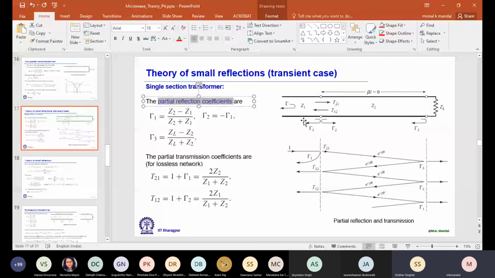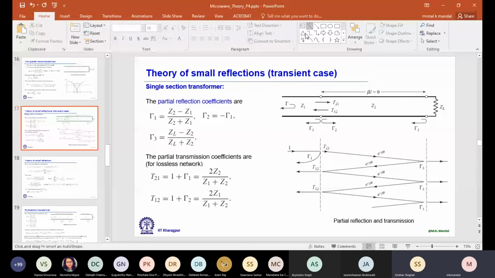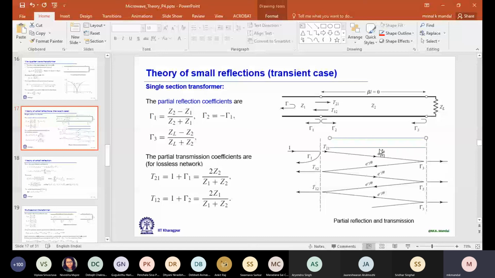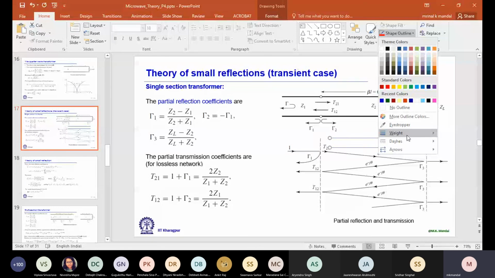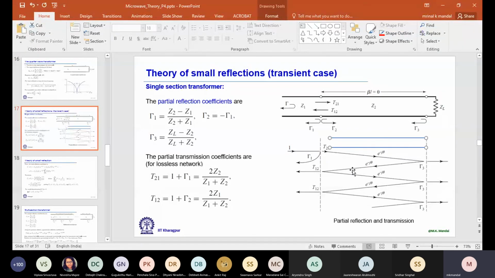Understood? Or you can ask further. You see, in this example, I can consider the middle part. I have a transmission line section here. Okay, let me just modify it a little.